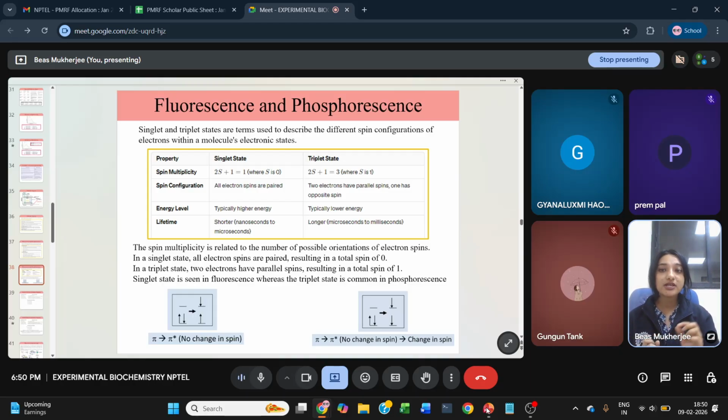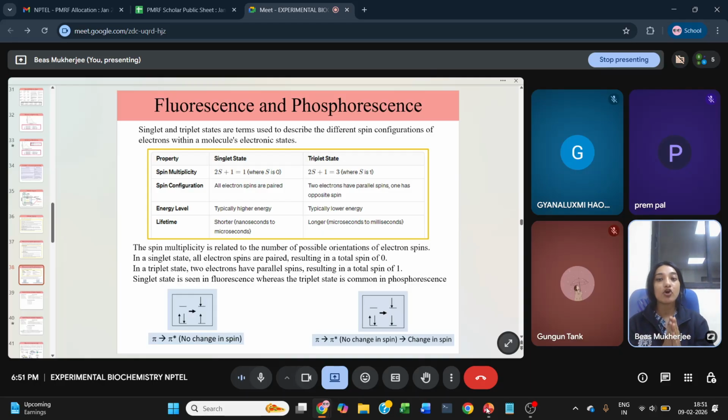So, property spin multiplicity. Okay, we will not go into something that is very difficult to understand. We try to understand it in a simple way, right? So we know that one electron can have an upward spin, it can have a downward spin. Okay, so the spin multiplicity is related to the number of possible orientations of electronic spin.